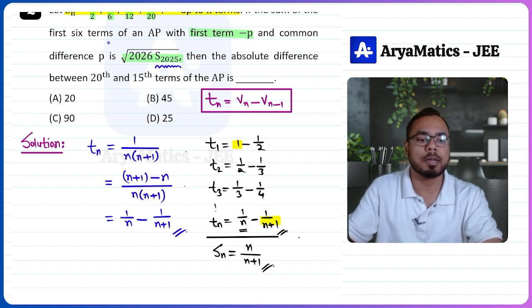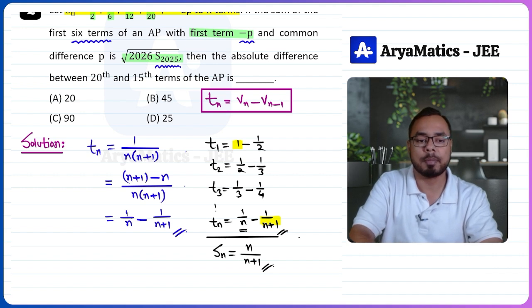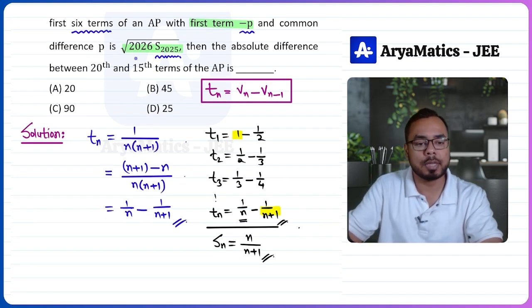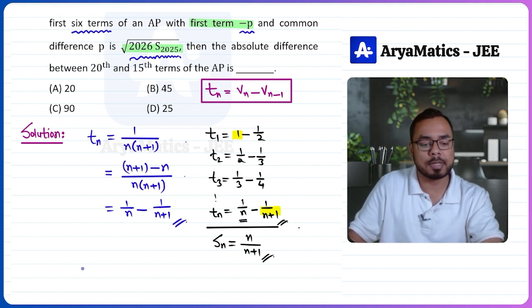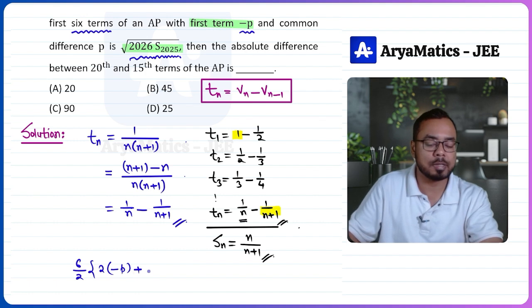Now it is given that the sum of the first 6 terms of an AP with first term −p and common difference p is √2026 multiplied by S2025. So the sum of 6 terms of the AP will be 6/2 multiplied by [2 times (−p) plus (n minus 1) times p], where n minus 1 is 5, and common difference is p.